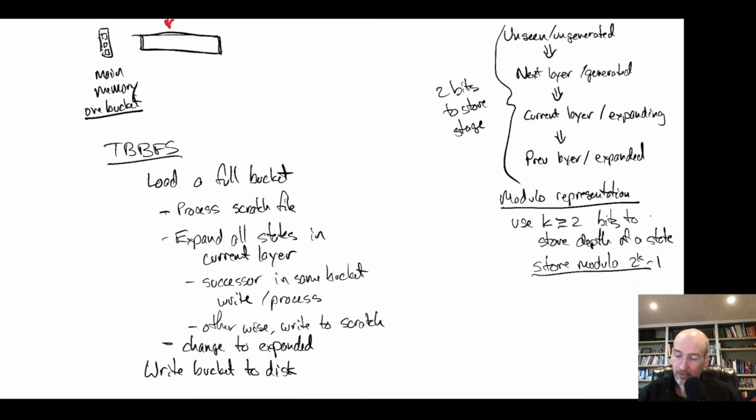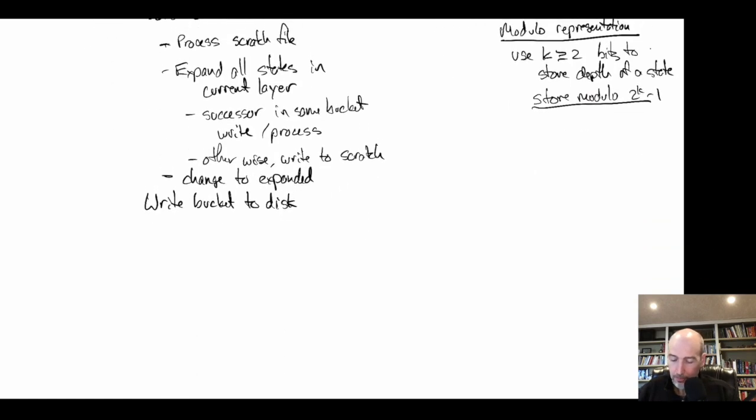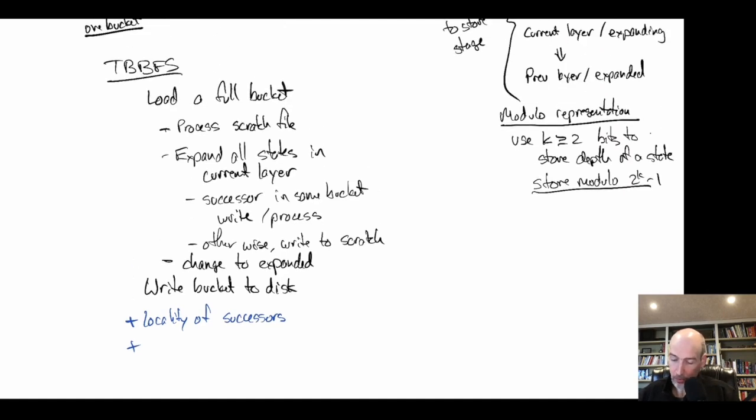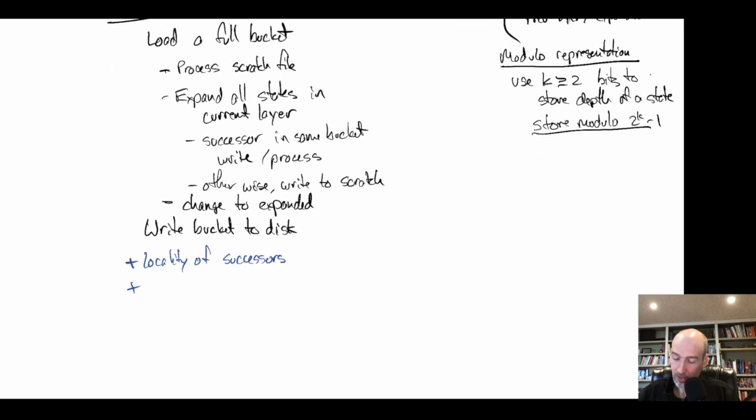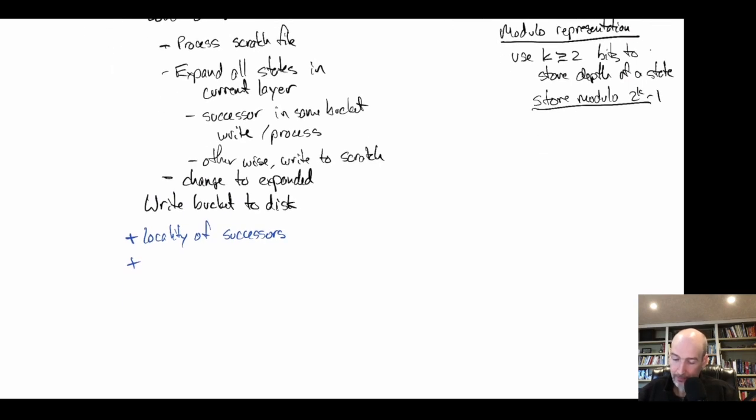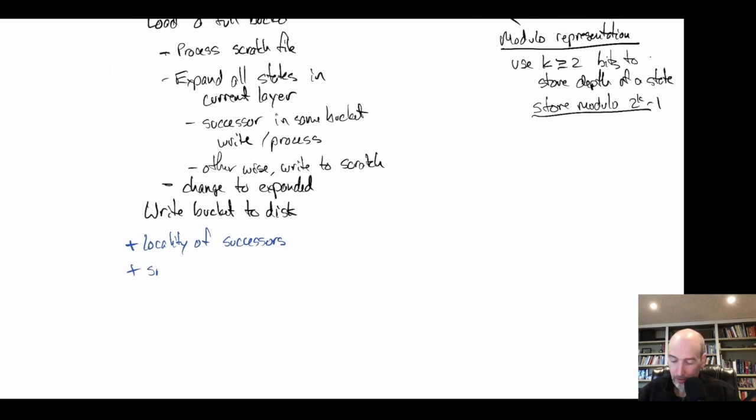But if I just summarize this, and I'll just put this here, the plus for this is it works well if I have locality of my successors. That is, they tend to fall in the same bucket. It works well when I have small scratch files.